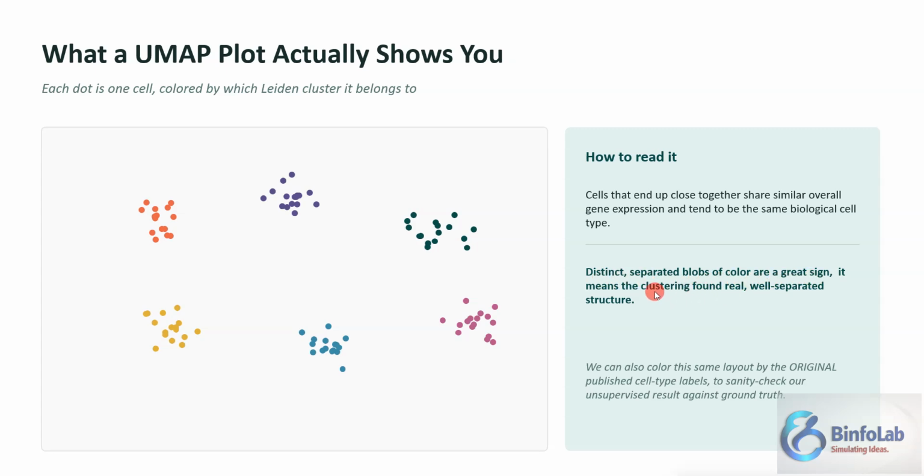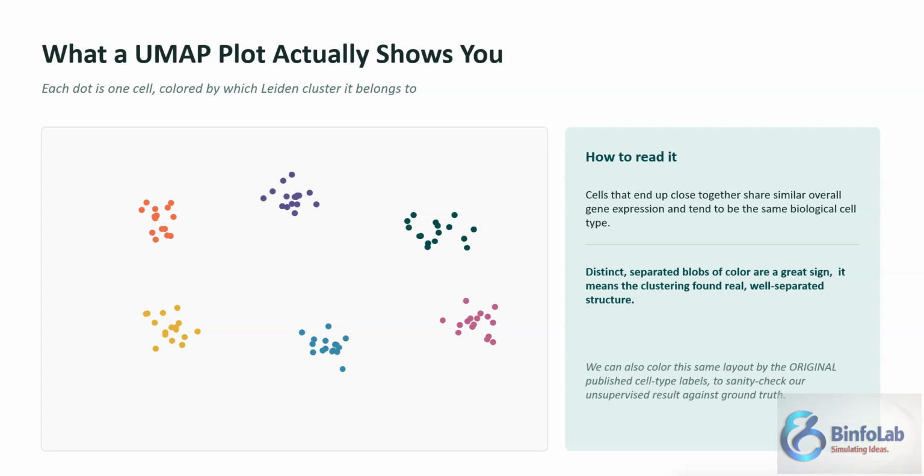It means the clustering found real, well separated structure. You can see this cluster is separated, this is separated, and all these are finely separated. That means the data is well structured and separated into individual groups very cleanly.